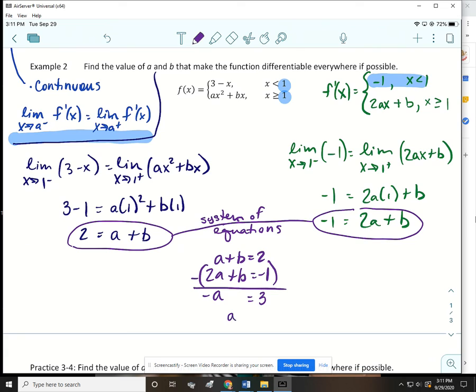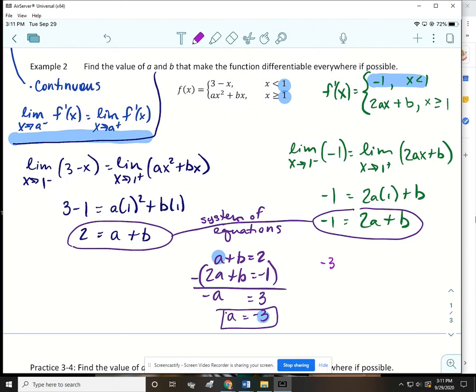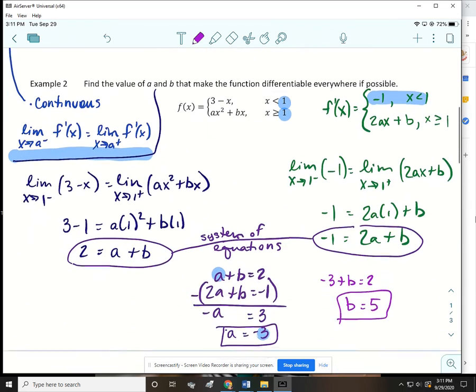So that means that a is negative 3. And once we know what one of the variables equals, finding the other one is really easy. We'll just take negative 3 and put it in for a there. So b is equal to 5. Okay. All right, so what you guys will need to do is do those 4 practice problems, please.